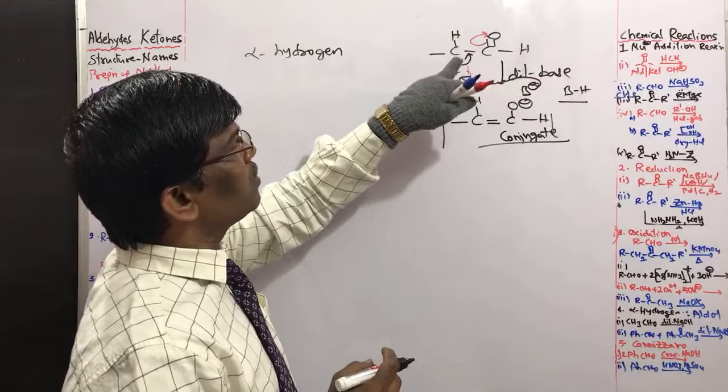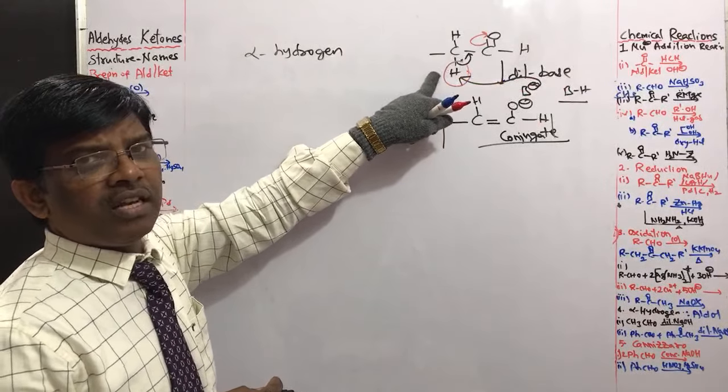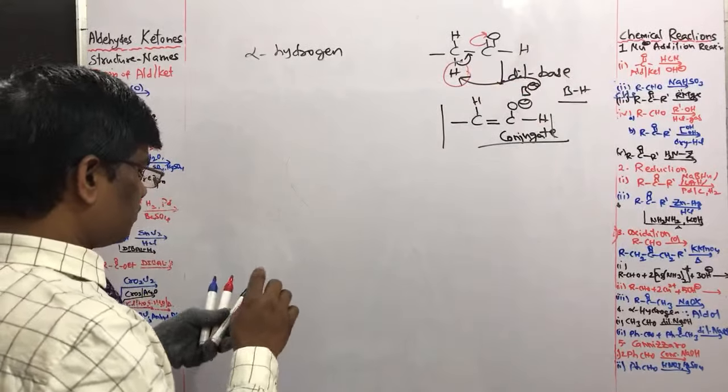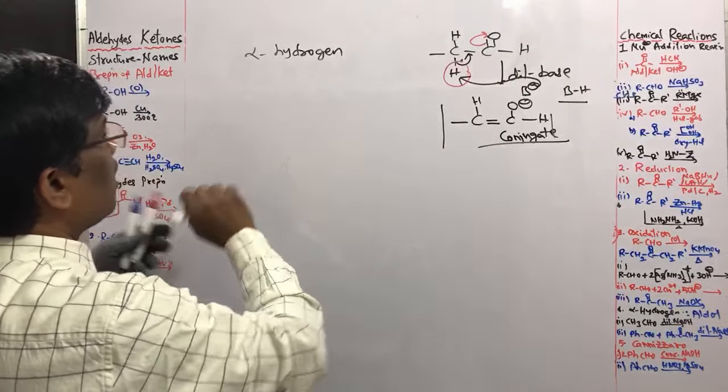So the compounds which have this alpha hydrogen undergo specific reactions. Let us take one example and see. Aldol reaction.